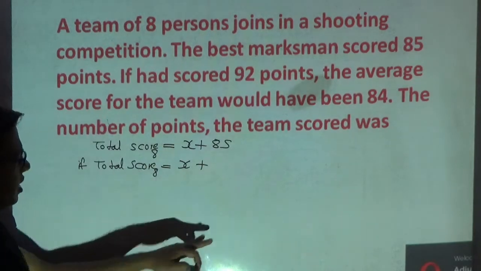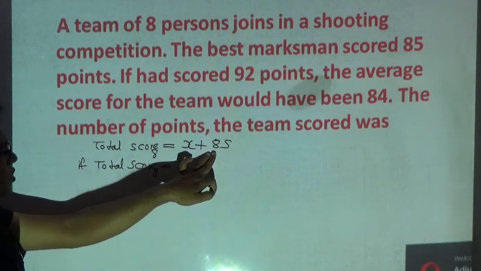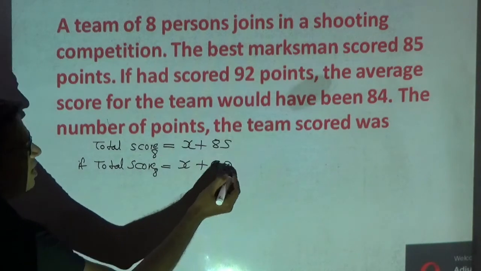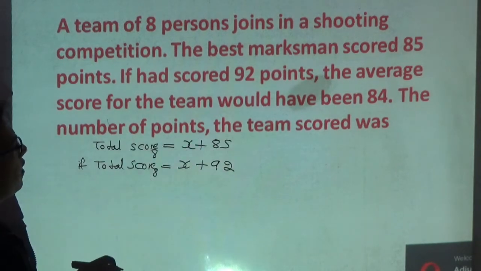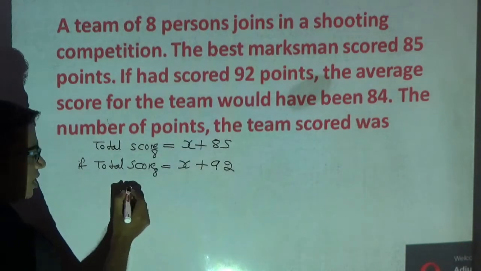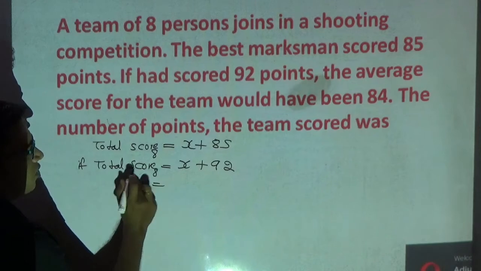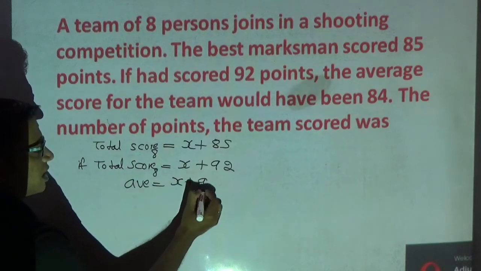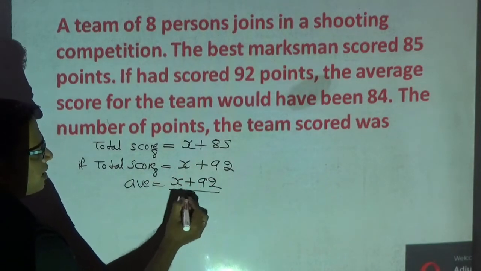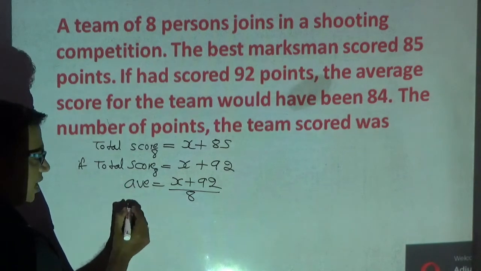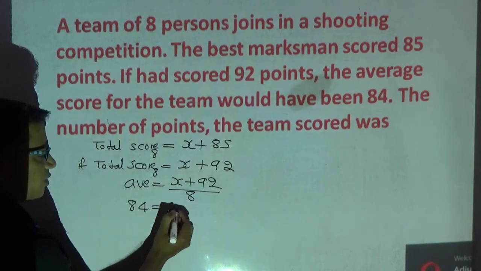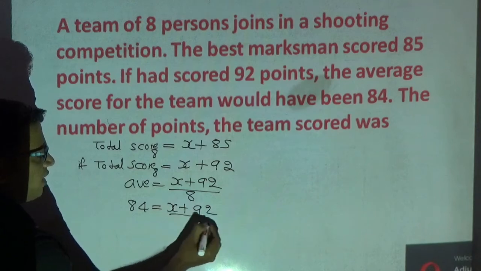The best scorer, instead of 85, if he has scored 92, then the average score of the entire team would have been 84. So that average, I know, is the total score of all the 8 people, X plus 92, divided by 8. This average they have given as 84. 84 is equal to X plus 92 divided by 8.